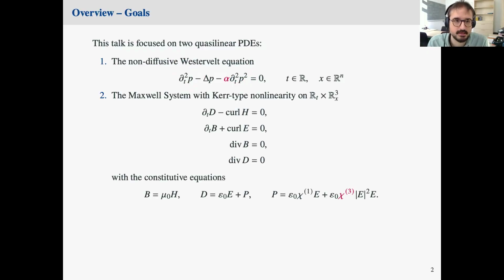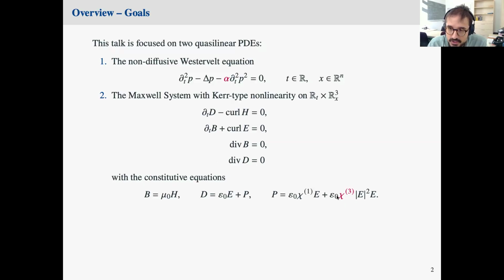And the other one is the Maxwell system with a nonlinearity of Kerr type. So this is the regular Maxwell system, and we have certain constitutive equations that relate the electric field and the electric displacement and the magnetic field strength and magnetic flux density.